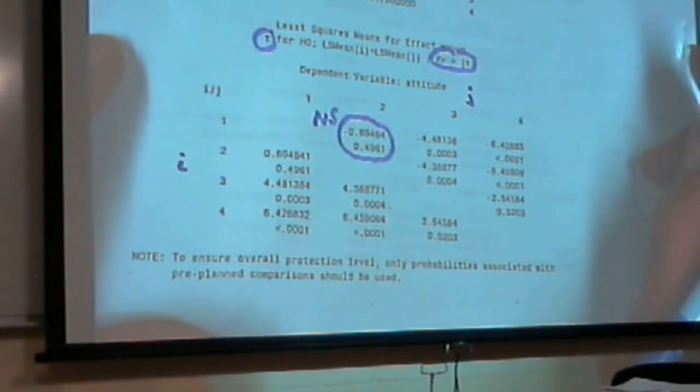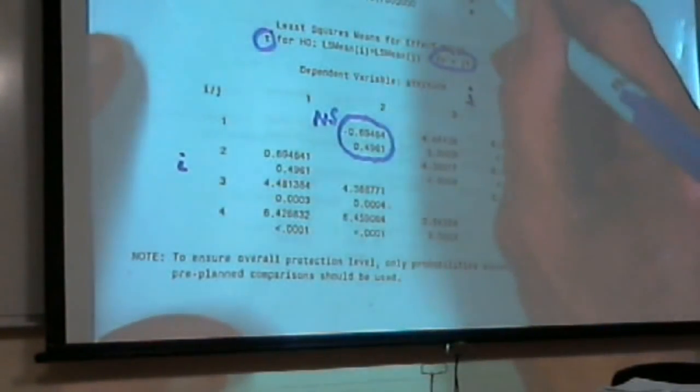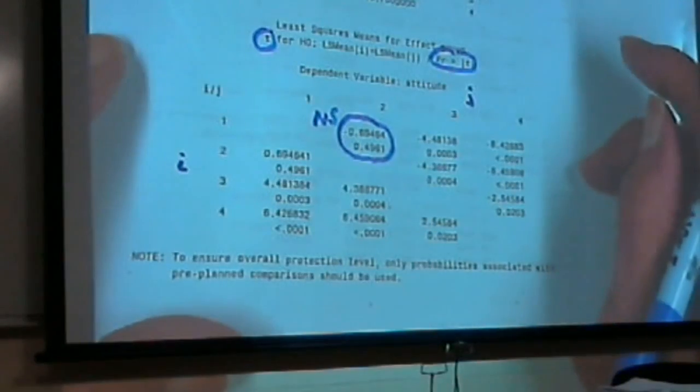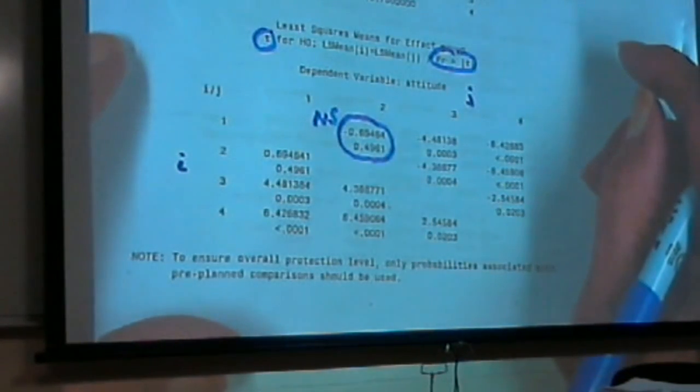Now that's 1 versus 2. So we trace that up here and we say 1 versus 2 is conservative female, conservative males. So there's no difference between conservative females and conservative males. All other pairwise comparisons are significant differences.